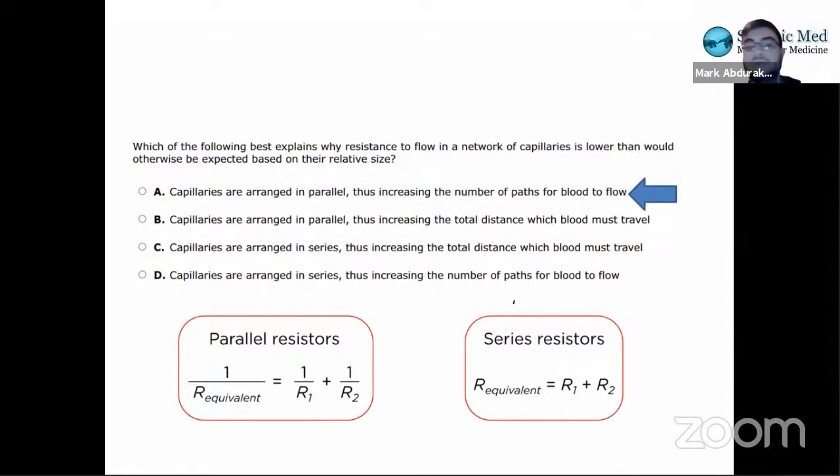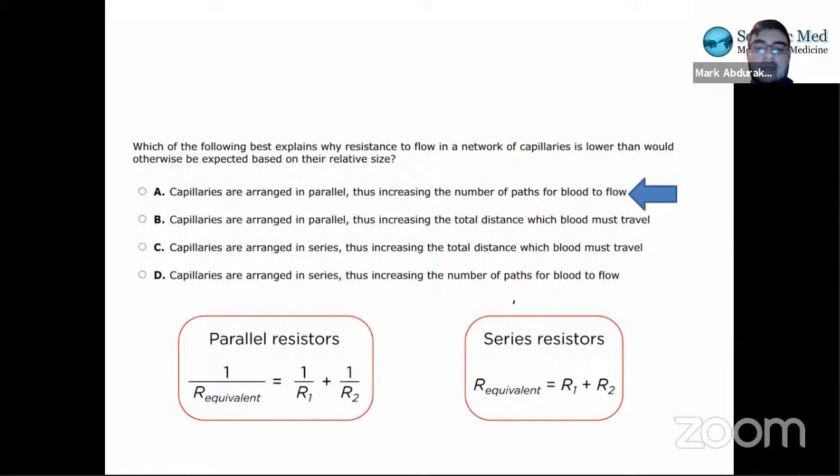Well, because you're actually using the left formula, and that gives you a smaller total resistance compared to being wired in series. Again, the main thing about parallel circuits is that they have many different paths to follow, just like capillaries have many different paths for blood to follow. That's what makes it a parallel circuit. So that would be A.